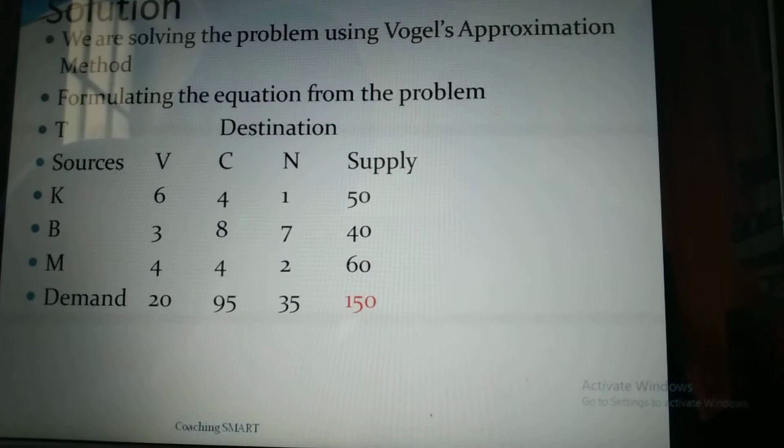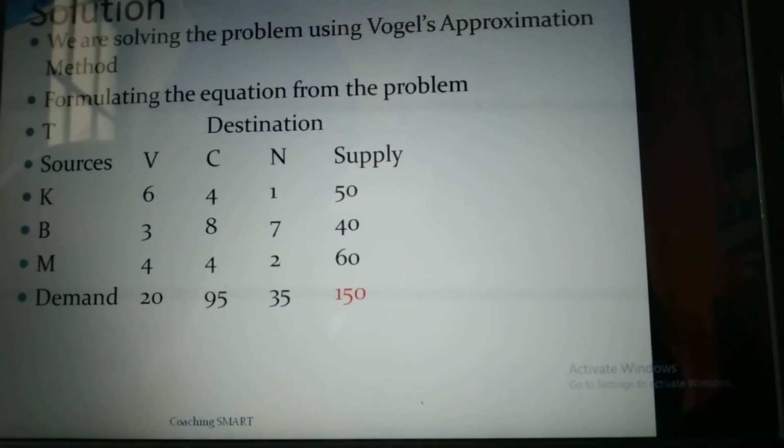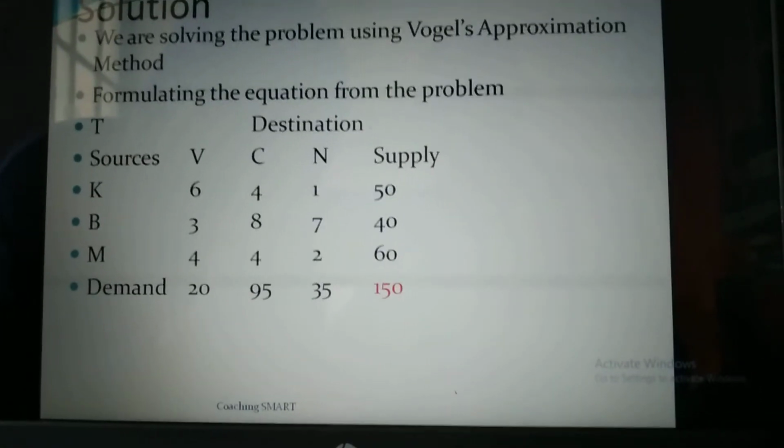Now we have this question. Our next step is to do the preparation of the account. Now how can we prepare the account? So number 1, we prepare the matrix. So we are preparing the matrix.